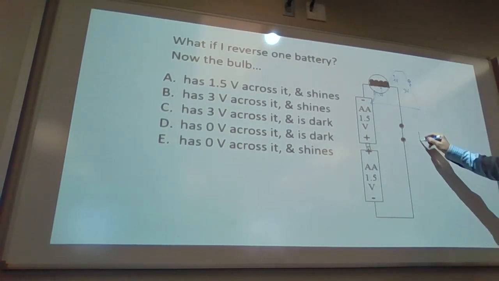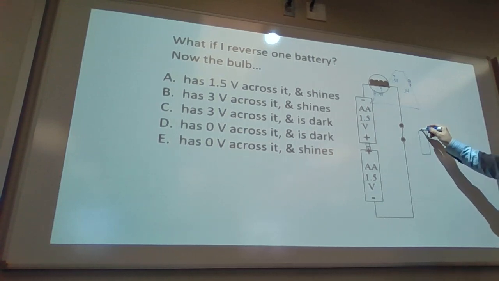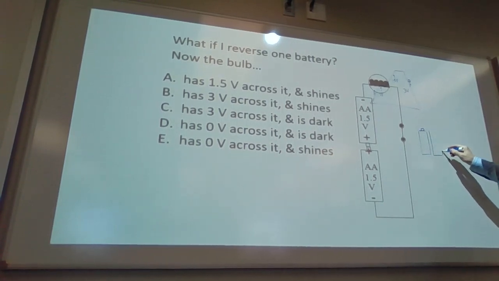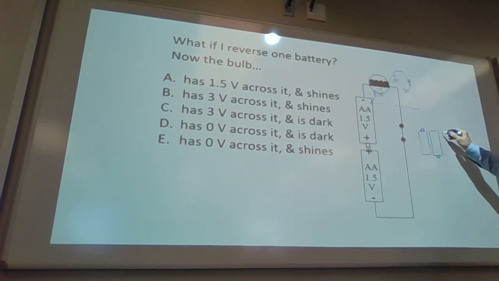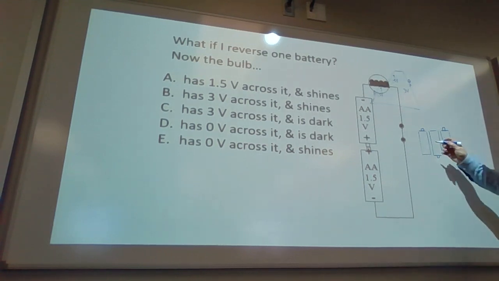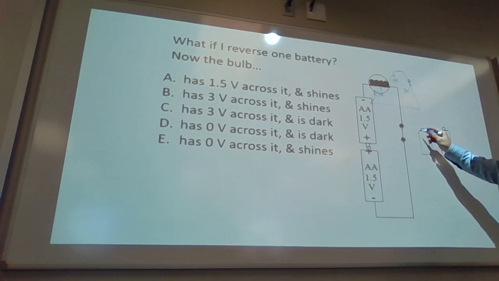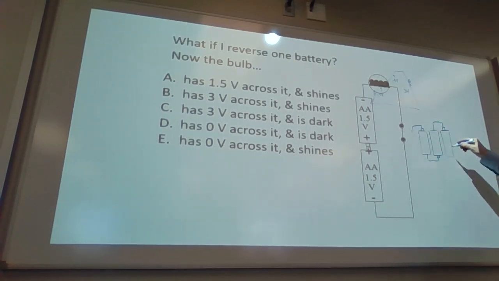Bringing real life into this. When you load up your batteries in anything that requires, like, double AAA batteries, you alternate them, right? That's because the case that you're putting them in is connected so that they are wired in series.